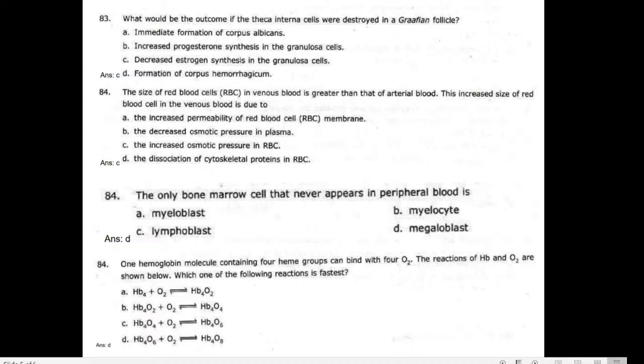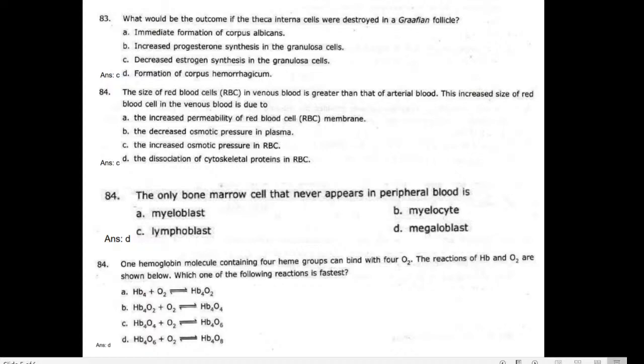The cells have receptors for the luteinizing hormone, so if they are destroyed, there are no cell receptors. What happened? Decreased estrogen synthesis in the granulosa cells.